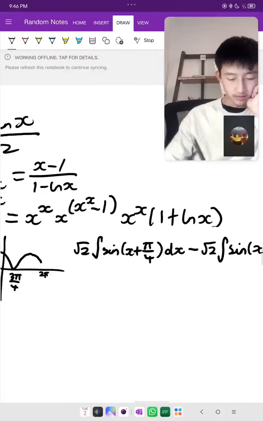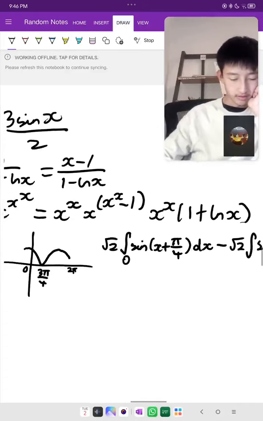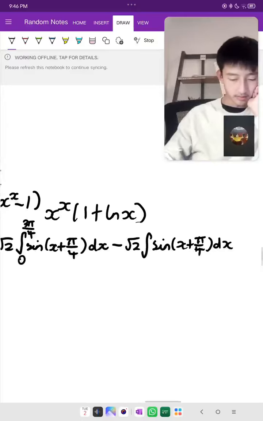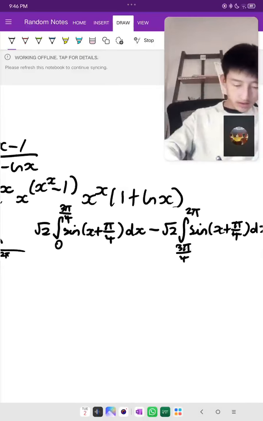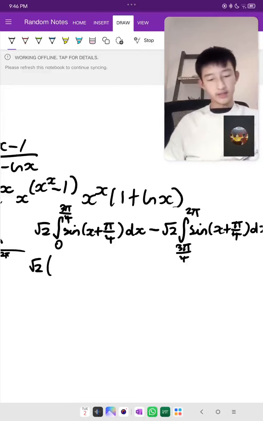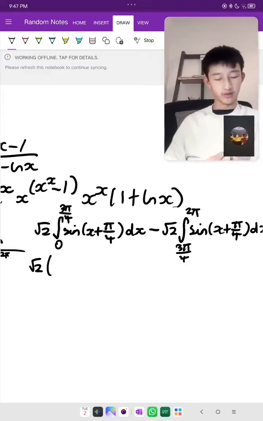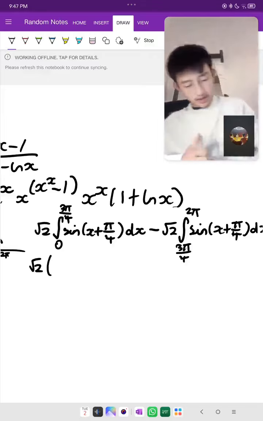This first one being from 0 to 3 pi over 4, and this second one being from 3 pi over 4 to 2 pi. So this should be root 2, and then minus cos x plus pi over 4 from 0 to 3 pi over 4.